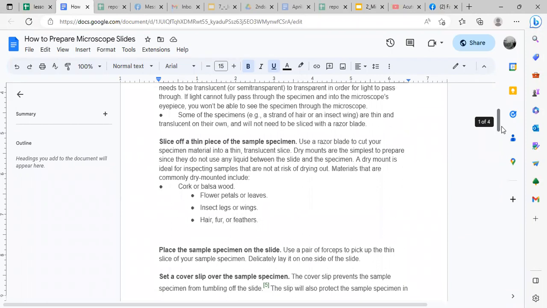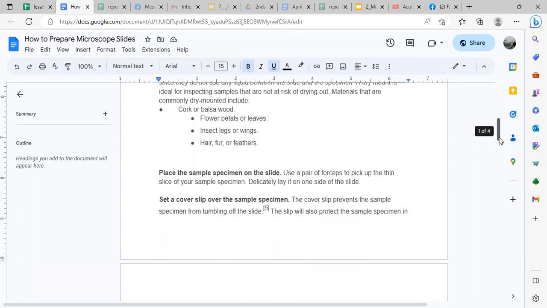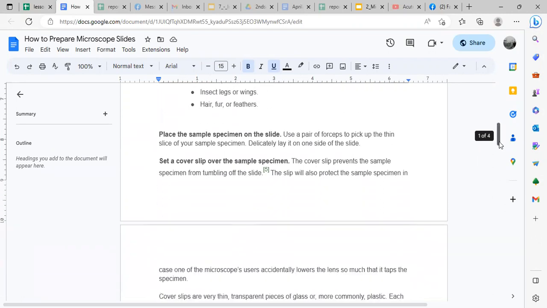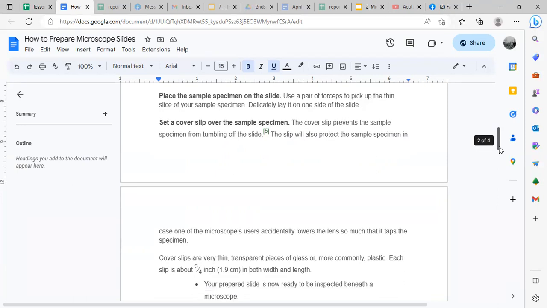It can also be hair or fur. Those are dry specimens. Use forceps or tweezers and lay it on the side of the slide. Then use a cover slip to prevent the specimen from tumbling off the slide. Okay?